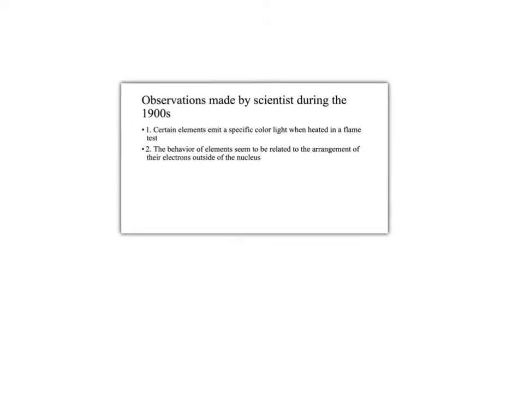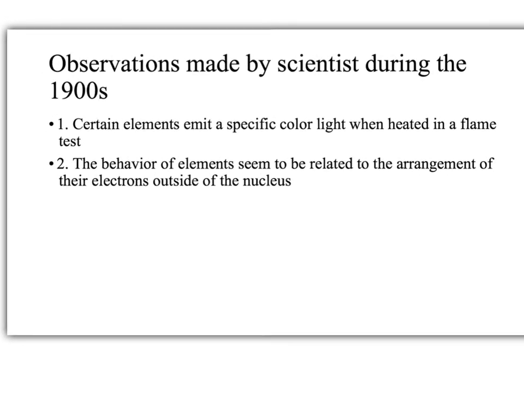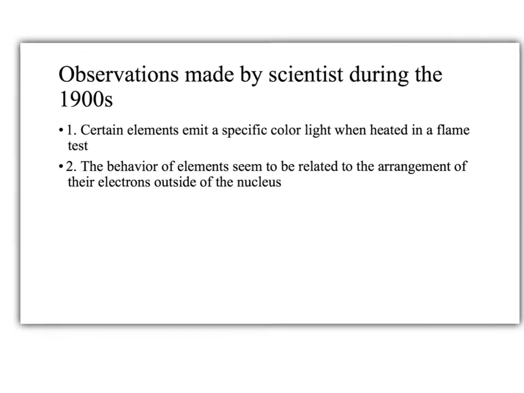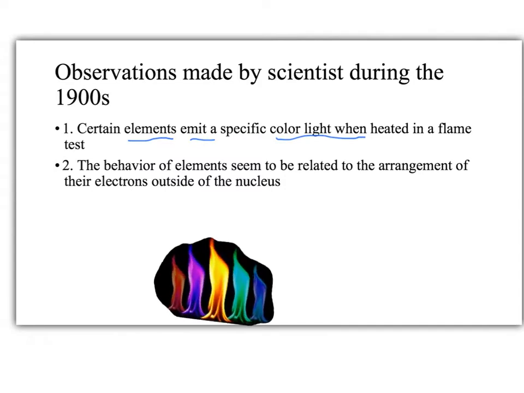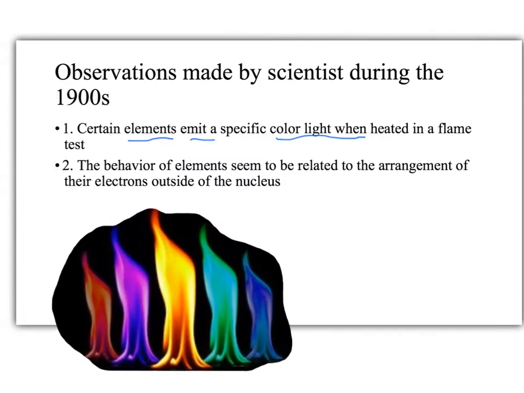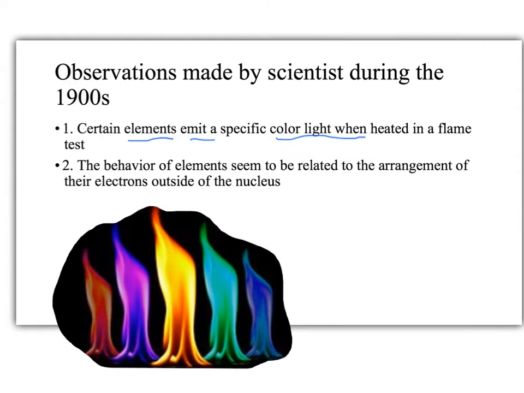In order to answer these questions, scientists during the 1900s made certain observations. Elements emit a specific color of light when heated in a flame test. If you remember in class, we did the flame test, and you saw that different elements, such as copper, would give a color similar to this.